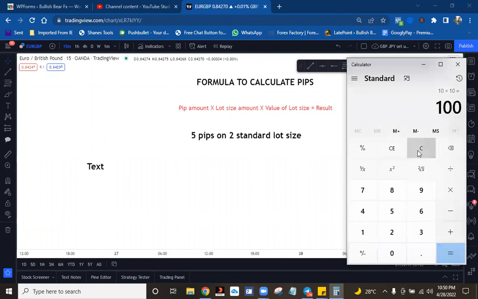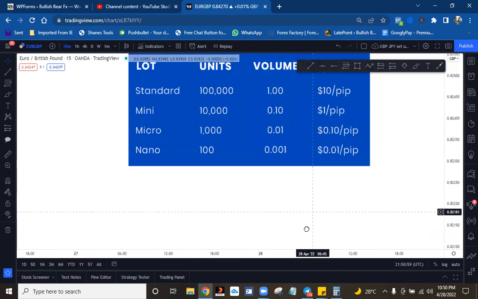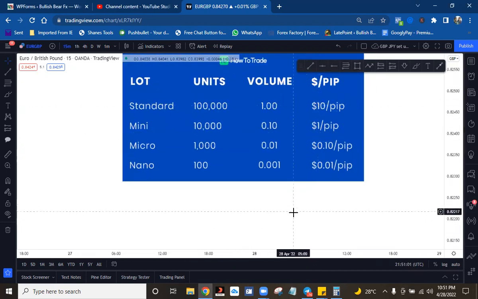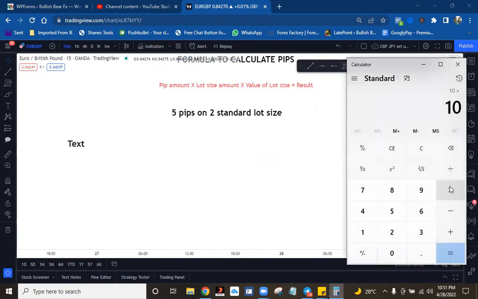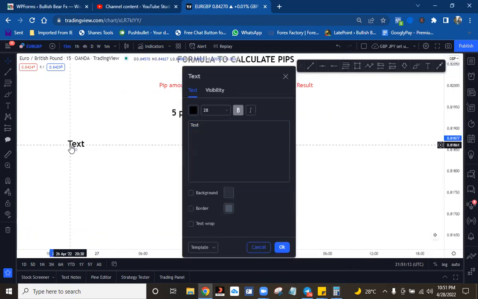I think I'll have to do that again. 5 pips times 2 standard lot size times the value of a standard lot size, which is worth $10 per pip, times 10, which means I'm risking $100.